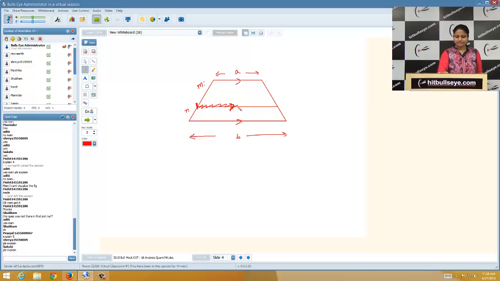Then what will be the length of this middle line? By using the section formula, it will be (mb plus na) divided by (m plus n). By using similarity we can prove that. We have a similar section formula in coordinates as well. So we are going to apply this formula.